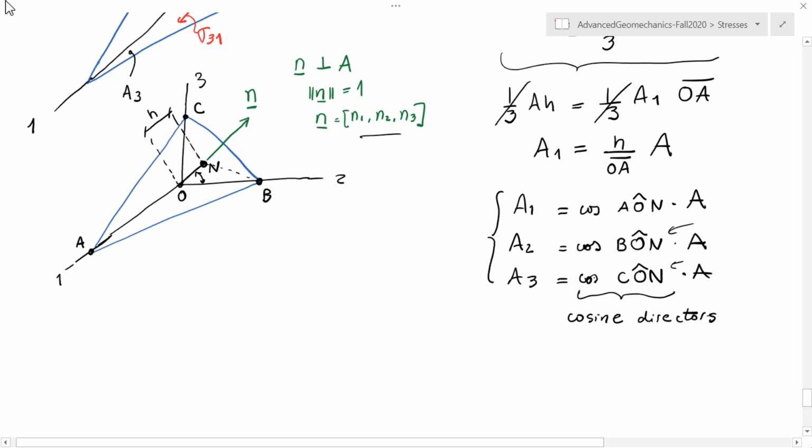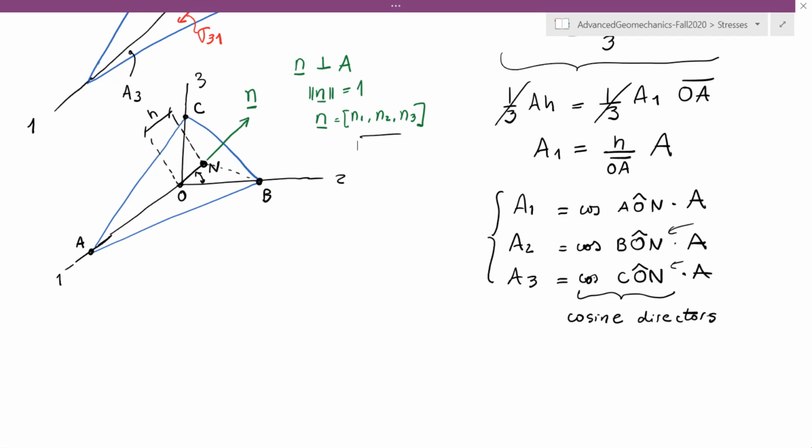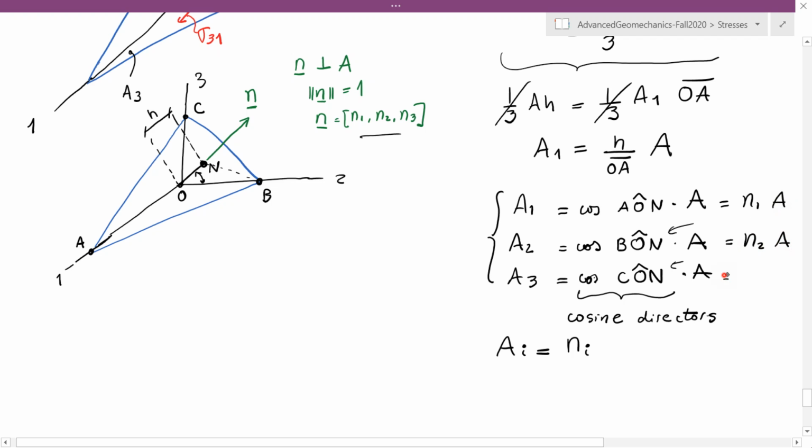And therefore, we're going to be able to write each of these areas, and I'm going to extend this to index notation. Each area Ai is going to be equal to the component ni times A, where each of the components is n1 A, n2 A, and n3 A.